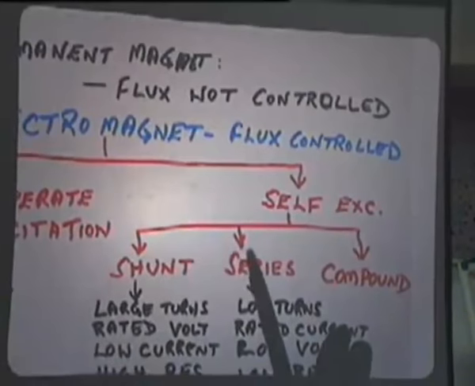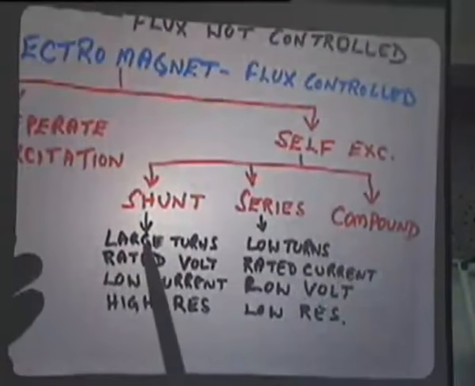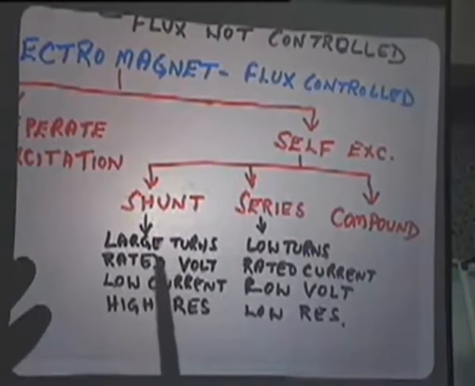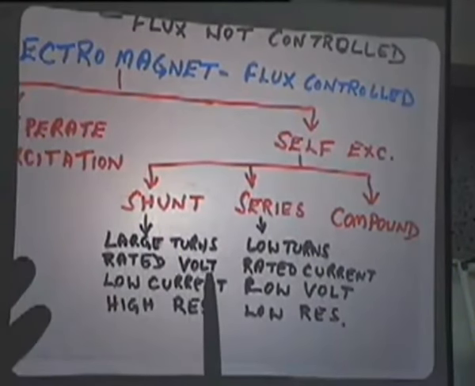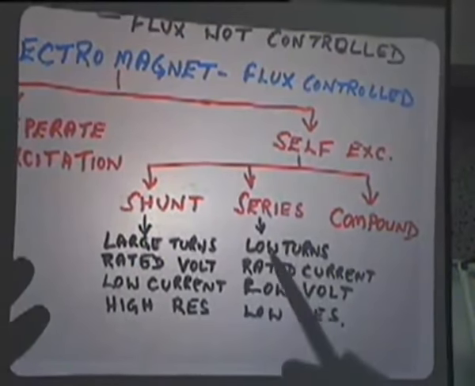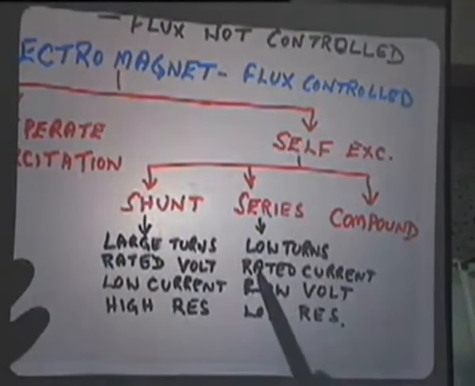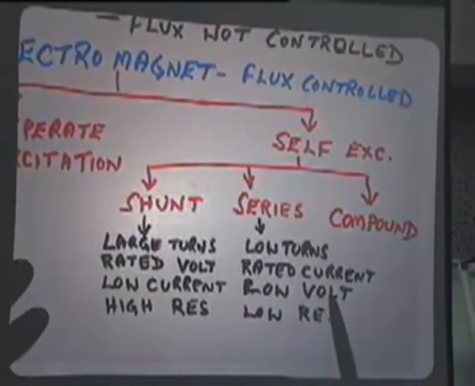Now we have discussed that the shunt windings have large turns, they carry rated voltage, they carry low current, and they have high resistance. Whereas series windings will have low turns, they carry nominal or rated current, they will have low voltage across the winding, and they will have low resistance.